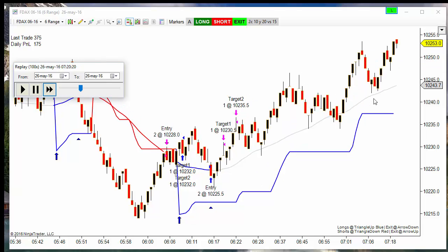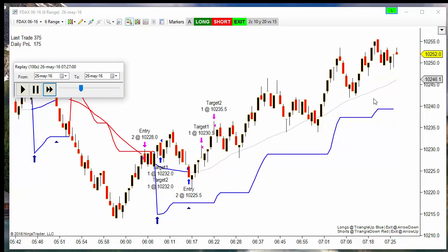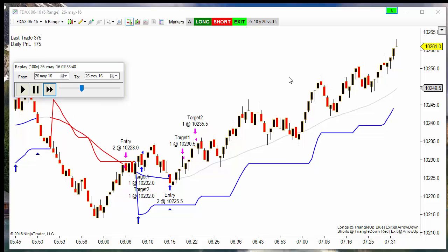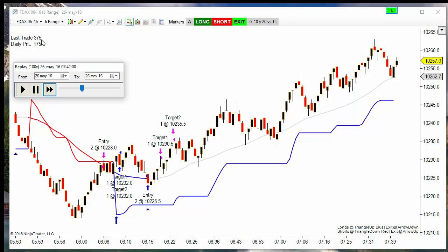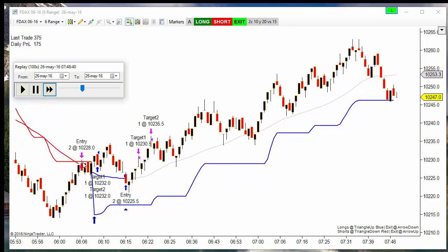We don't enter again on a pullback. We need a trend change to start looking for a pullback again. We have only a small profit because we had a loser on the first trade.